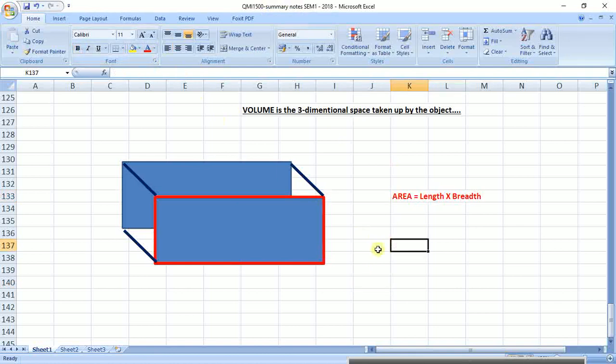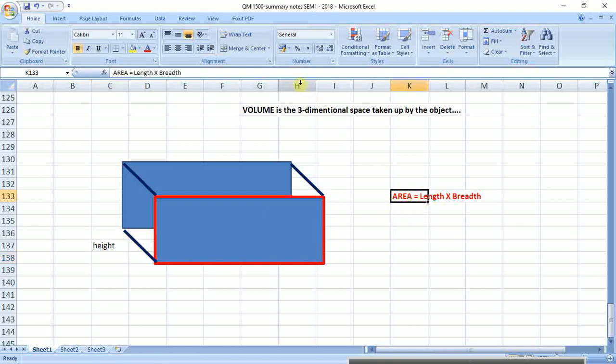Do you agree? Yeah. Okay, if I want the area of that rectangle, I'm going to times the length by the breadth. If I want volume, then what does volume do? It looks at the depth, okay, which is the length times breadth times height. Okay, it's that like three-dimensional space. Yeah.